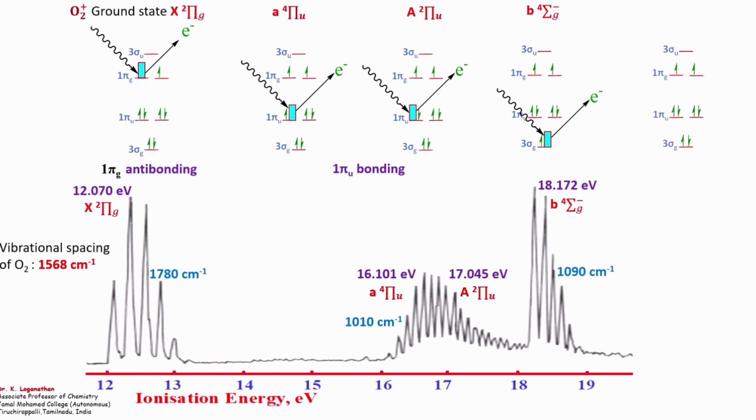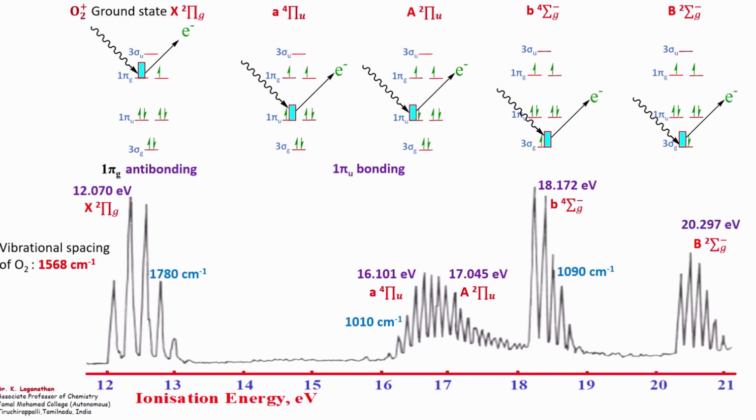And when spin up electron is ionized, it results in capital letter B ²Σg⁻ ionic state and gives a signal at 20.297 electron volt with vibrational structure spacing 1130 centimeter inverse. There is appreciable change in vibration spacing of ⁴Σg⁻ and ²Σg⁻ ionic states, indicating that 3σg orbital is bonding orbital.